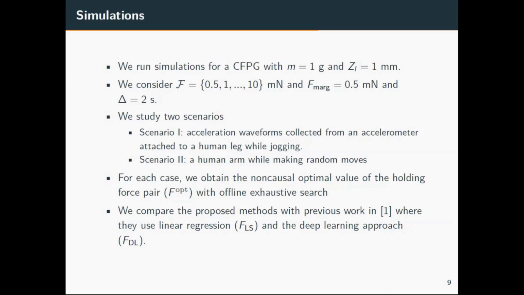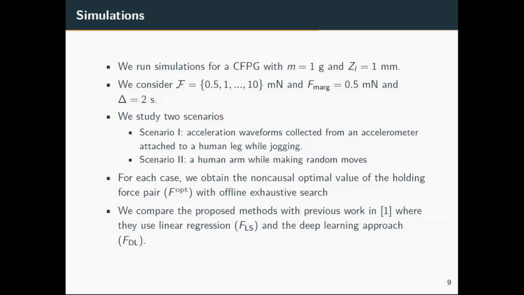And the margin that we use to make sure that we are not too far from the value that guarantees we reach the other plate is 0.5 F margin. And the details are in the paper.